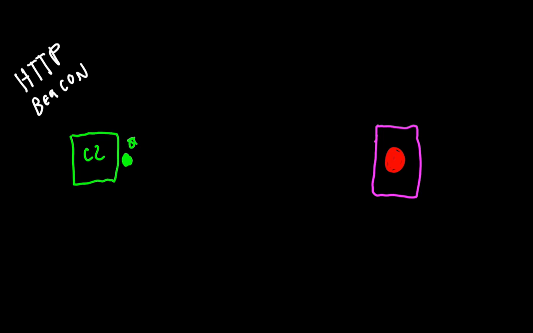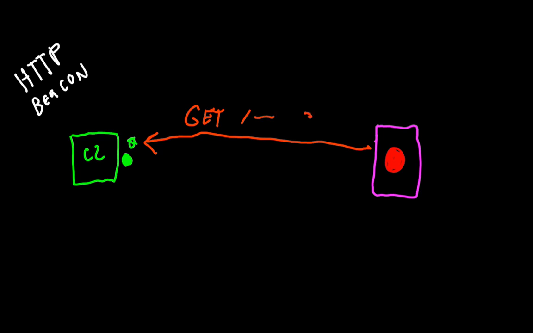Now, let me explain what the HTTP beacon payload is doing. It's beaconing. What this payload will do is it will connect to the Cobalt Strike C2, and it will make a GET request to some URI.